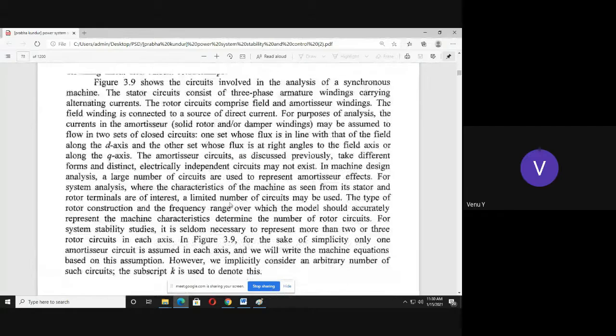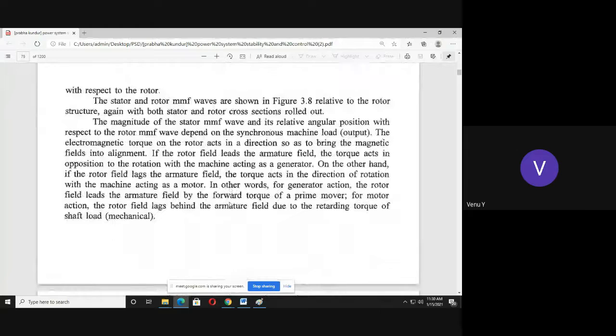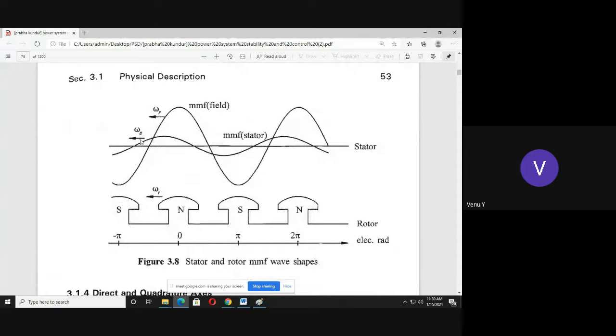So that is in case of a generator. Omega s is ahead of omega r, and vice versa; when the machine function changes, these two interchange. This is the difference between rotor MMF and stator MMF, but both will maintain synchronism. This difference is taken as delta.